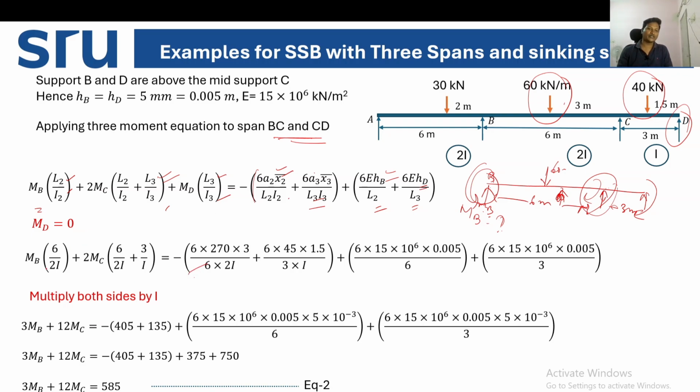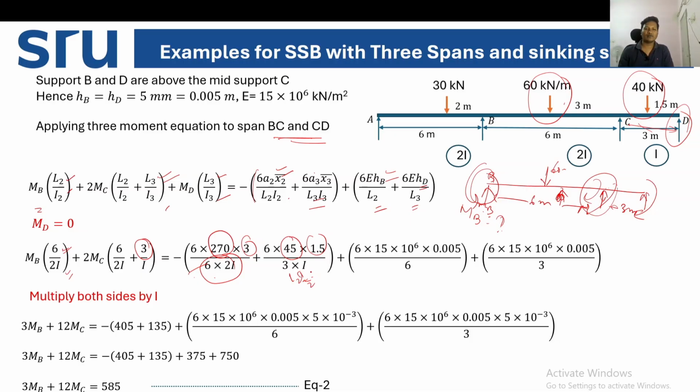Now the next equation, if you rewrite after putting MD is equal to 0. So MB into L2 is nothing but 6 by 2I, L2 is 2I, plus 2MC into 6 by 2I plus 3 by I. Why 3? 3 is the length of the span CD. So 3 by I is equal to minus 6 into 270 into 3 divided by L1 into I1, 270 is nothing but your area, plus 6 into A2 into X2 bar divided by L2 I2.